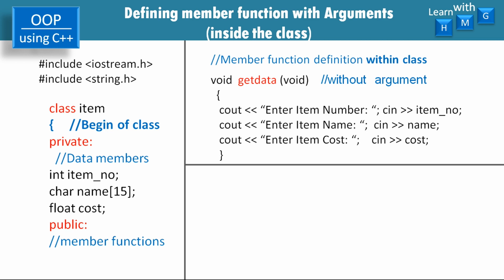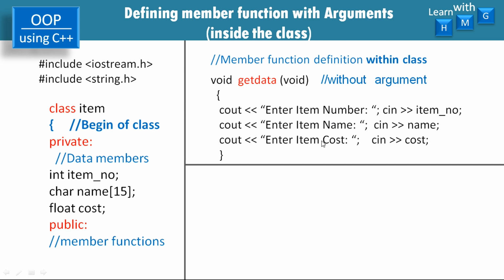So this is the get data function without arguments, which is defined within the class. Here the return type is void, the name of the function is get data, and no arguments means void. Here you can see the code for accepting the three values of item number, item name and cost.